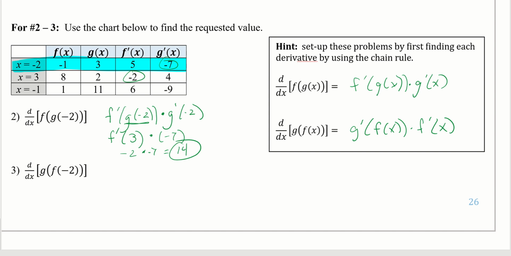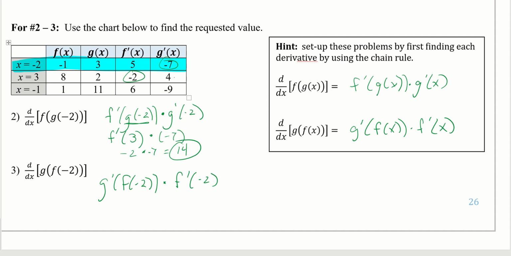Okay, so number 3 is going to be a similar idea, but this time we're going to do g. Okay, so on the second one, let's do g prime of f of negative 2 times f prime of negative 2.